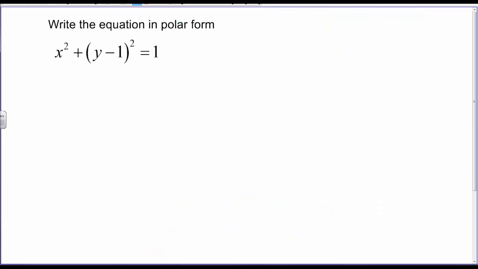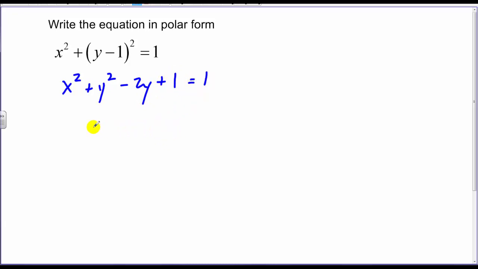Next, we're going to take a rectangular equation and change that to a polar equation. So we want everything to be in the form of r's and thetas now. And notice I have a perfect square here, which I can expand. This goes to x squared plus y squared minus 2y plus 1 equals 1.